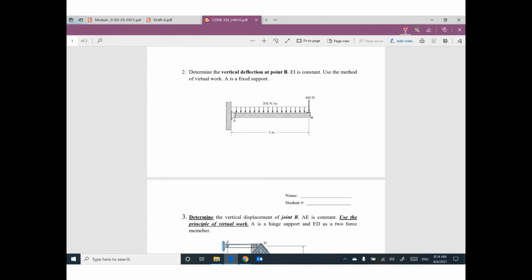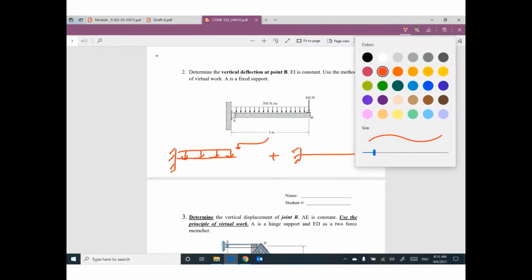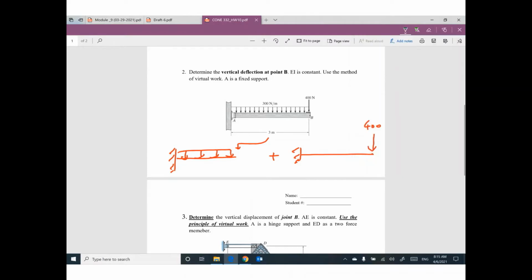No. What is the meaning of superposition? Superposition means I will assume this cantilever with distributed load alone, plus this cantilever with the concentrated load alone. This is the meaning of superposition. Assume every load is existing alone.